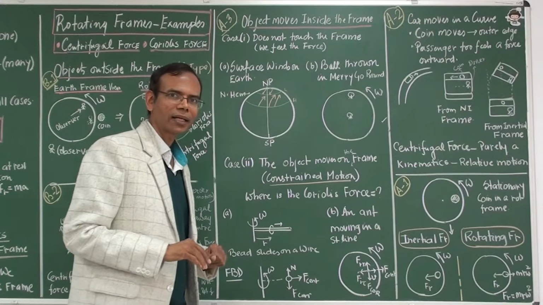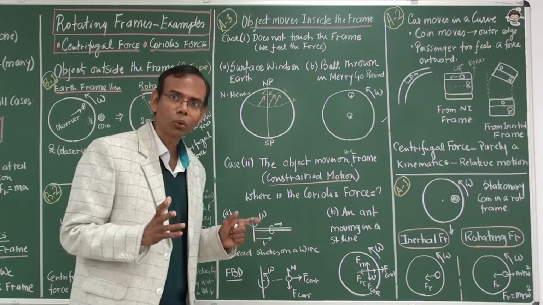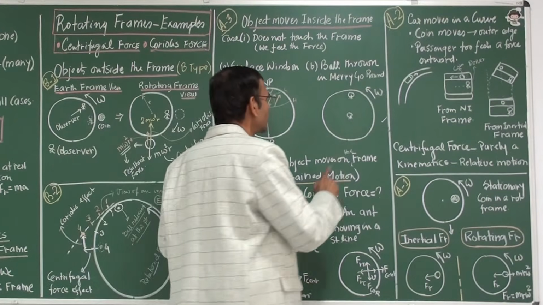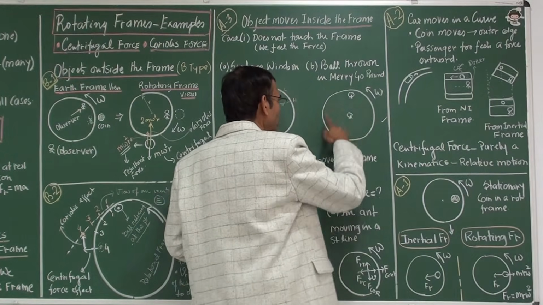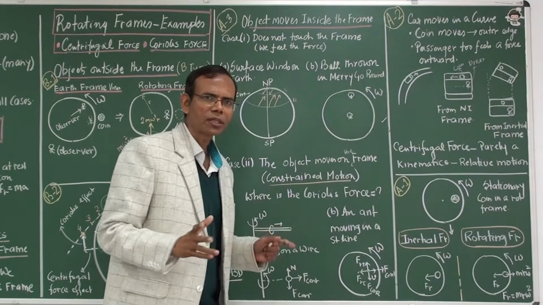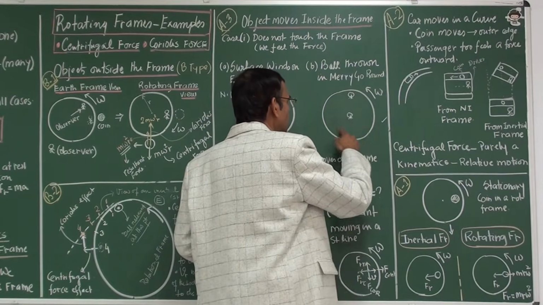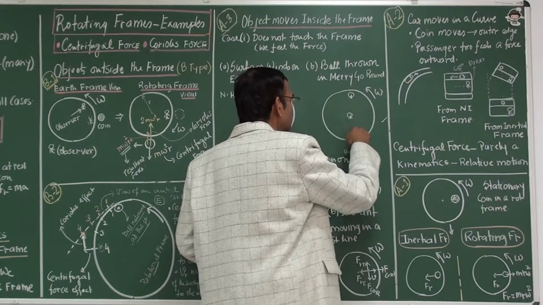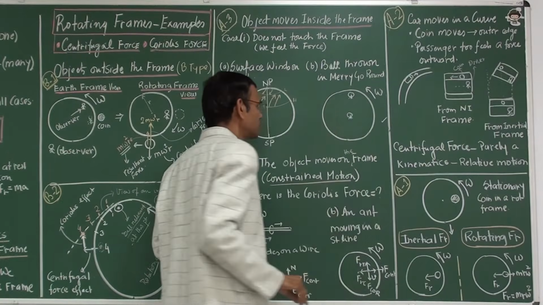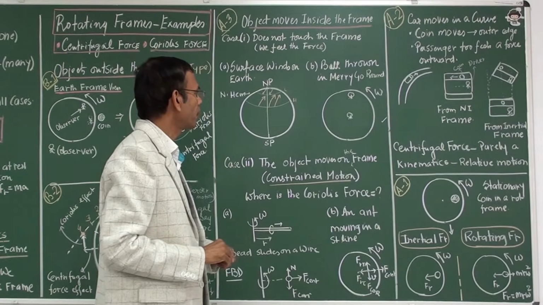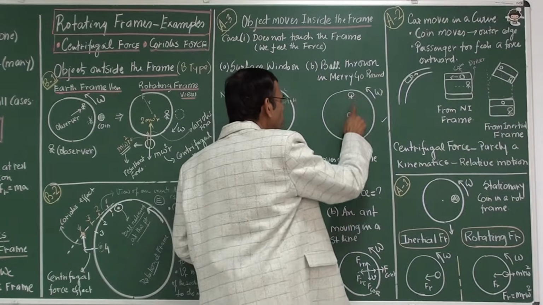What we will understand here is what actually is a Coriolis force. Now let us see. This particular frame, again a merry-go-round, and you will see a lot of videos also. This merry-go-round is rotating, the omega is this, it is rotating like this. Okay. Now there are two players.